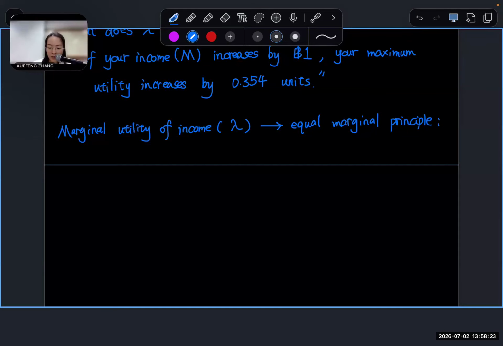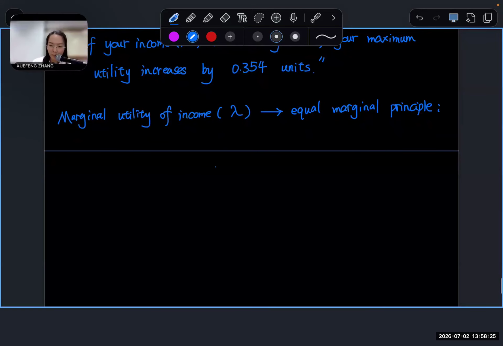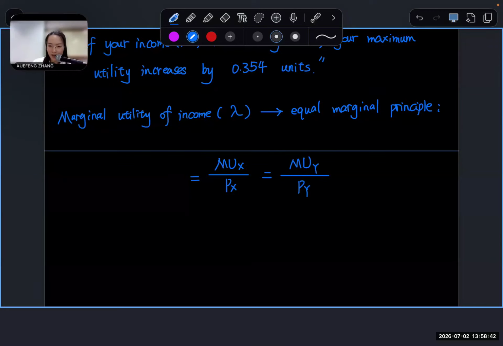The equal marginal principle means that the marginal utility of x over its price equals the marginal utility of y over the price of y, which is lambda. It means how much happier you get from one more baht.